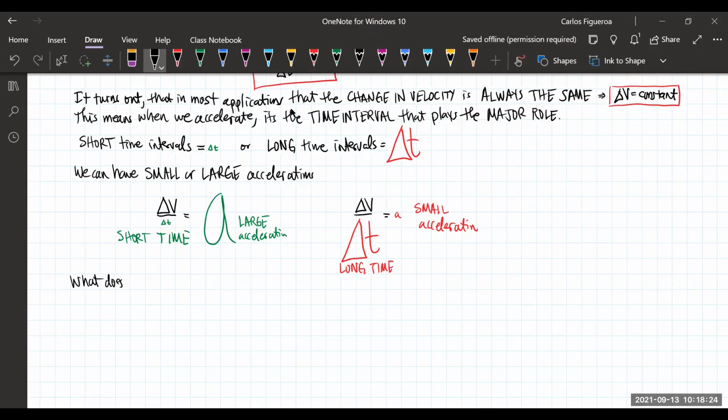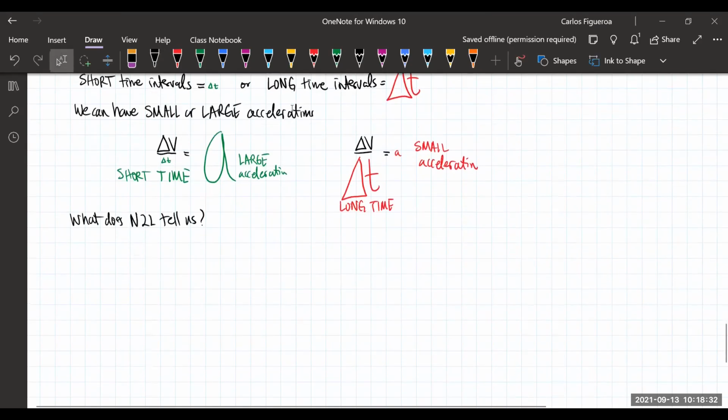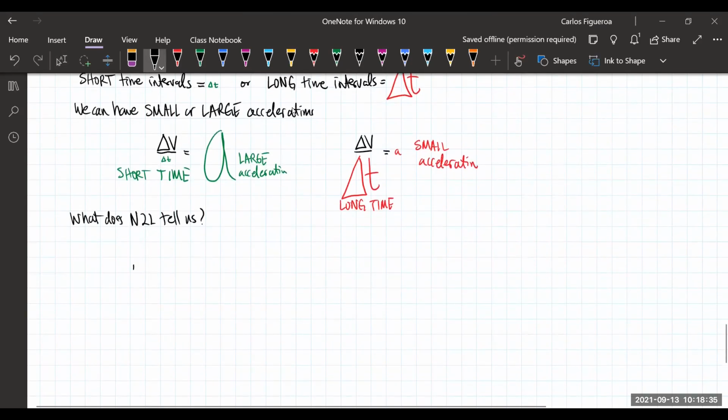So now if I put this all together into Newton's law, what does N2L tell us for these situations? Well, it goes like this. If I have a net force, I can write this as mass times acceleration. In each of these situations, I have the same mass, and I have the same change in velocity.